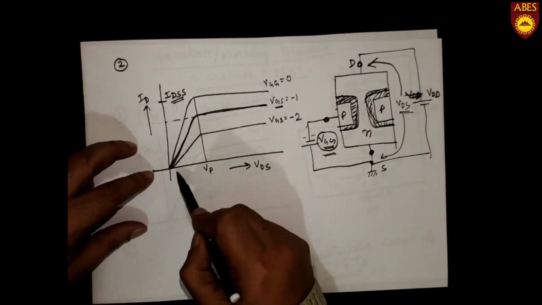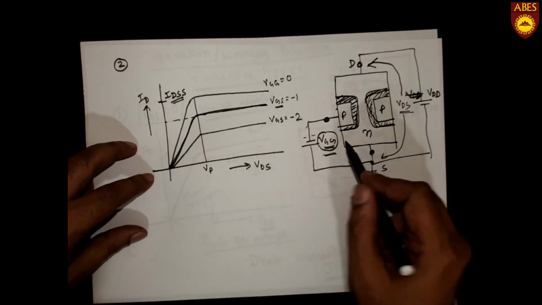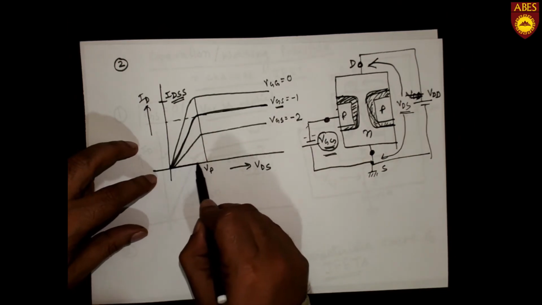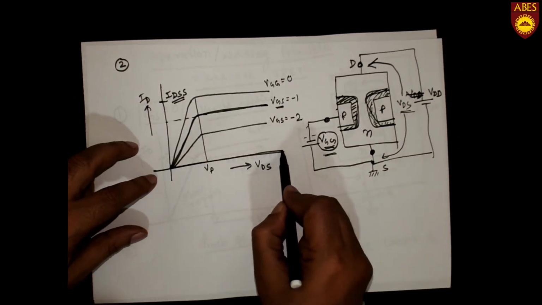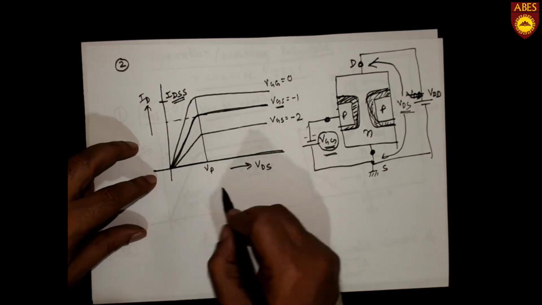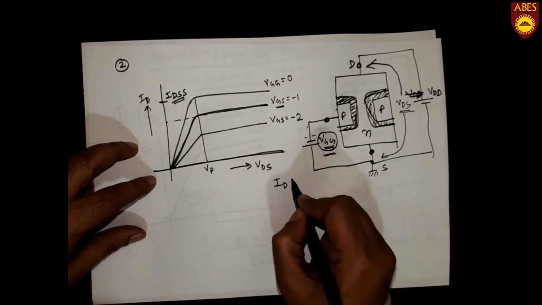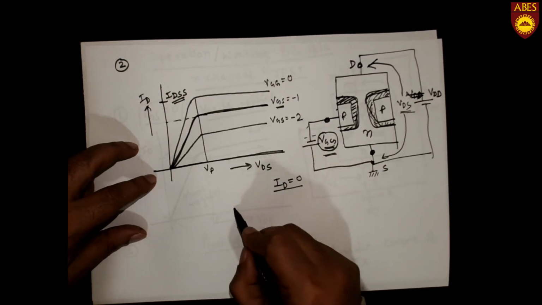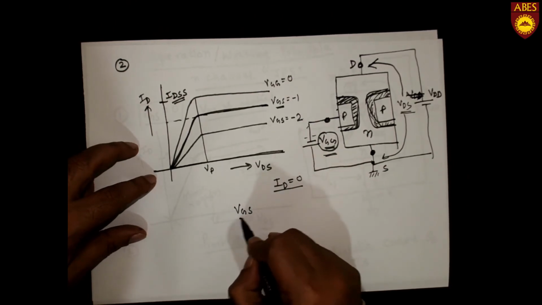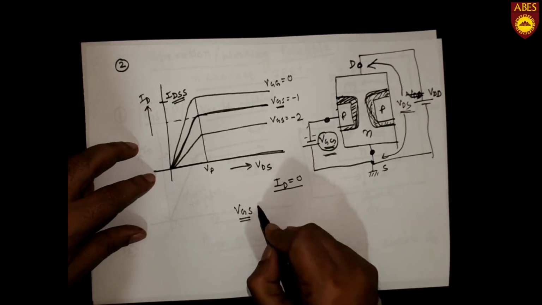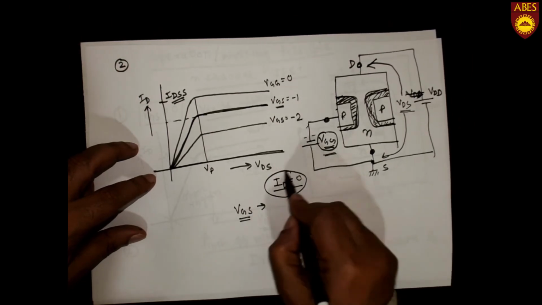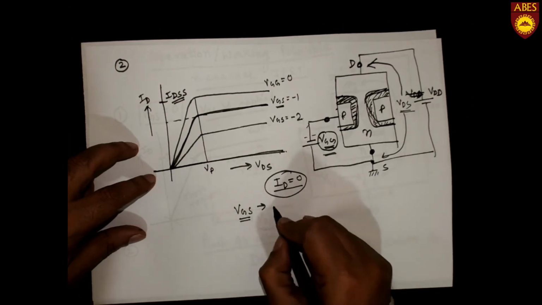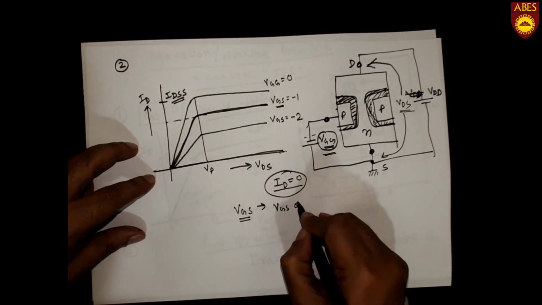So if we keep on increasing this VGS, a condition will occur when ID will become 0, and that voltage of VGS, when the drain current becomes 0, is called VGS off.